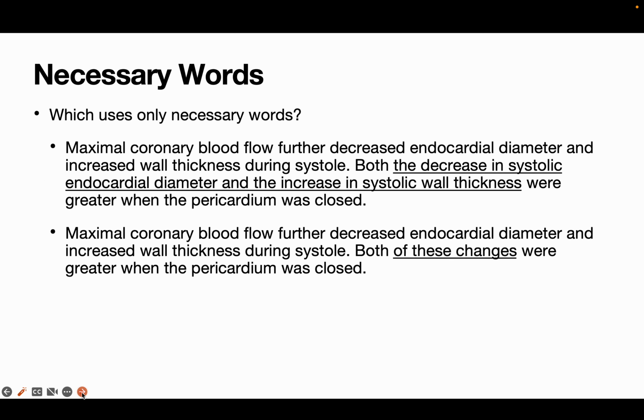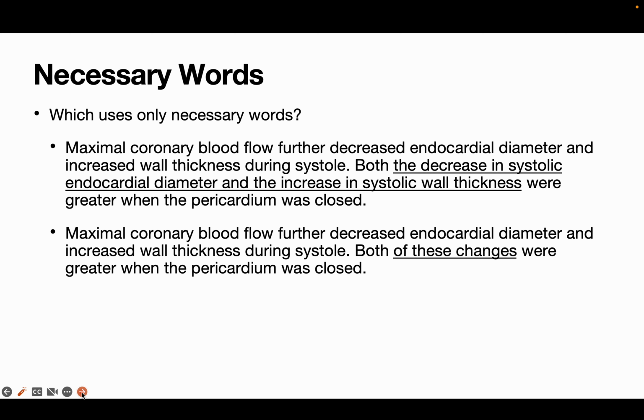So, which one of these examples uses only necessary words? Maximal coronary blood flow further decreased endocardial diameter and increased wall thickness during systole. Both the decrease in systolic endocardial diameter and the increase in systolic wall thickness were greater when the pericardium was closed. Now, I've read that sentence a million times and I still get lost in the middle of it. There's 2 sentences there. But the second example is: maximal coronary blood flow further decreased endocardial diameter and increased wall thickness during systole.